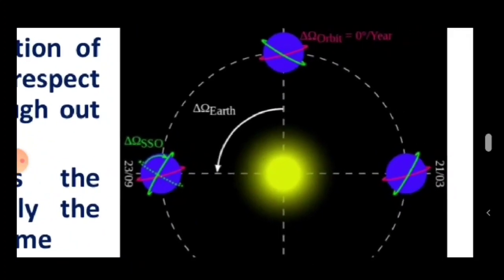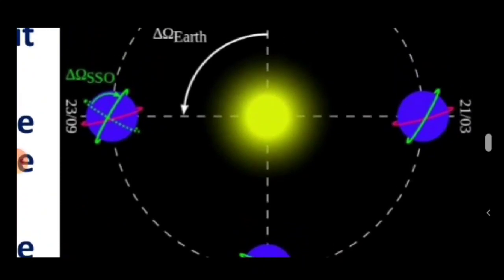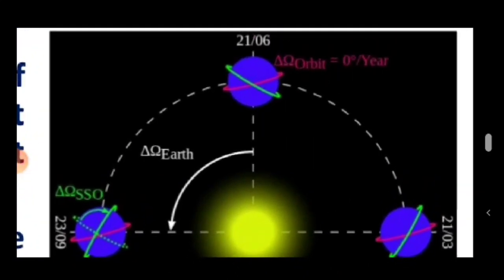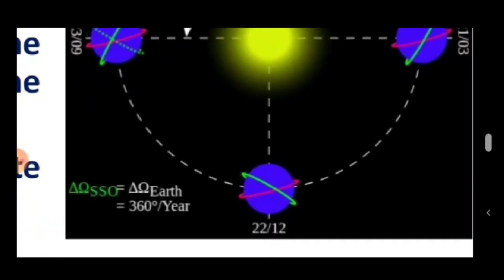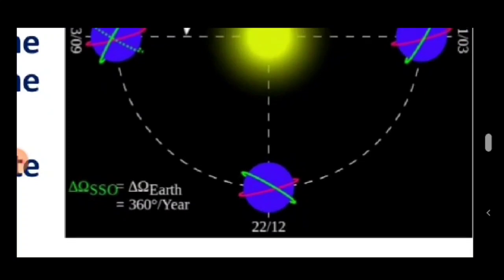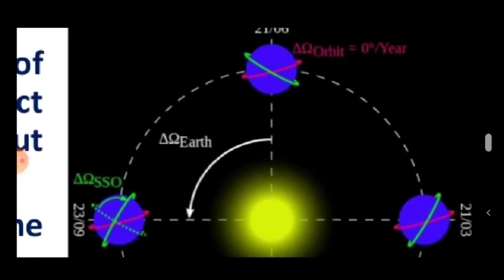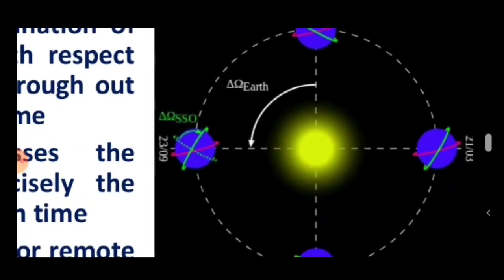September 23rd here, and June 21st, March 21st, December 22nd, each with an equal number of days gap, so it crosses the equator at the same time.